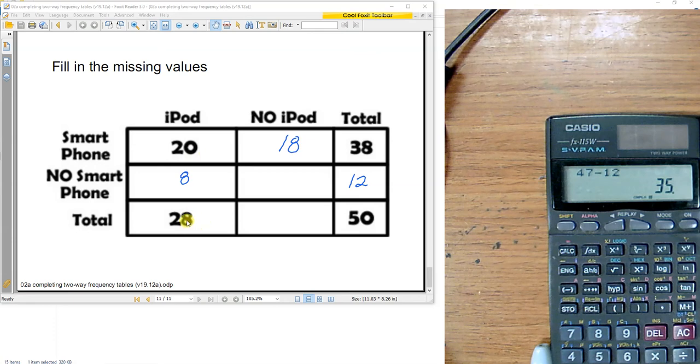That worked. 28 plus something is 50. Was that 12 or 22? It's 22. 28 plus 22 is the 50. 18 plus 4 is the 22. See how they add up? It adds up going down, and they add up going across.